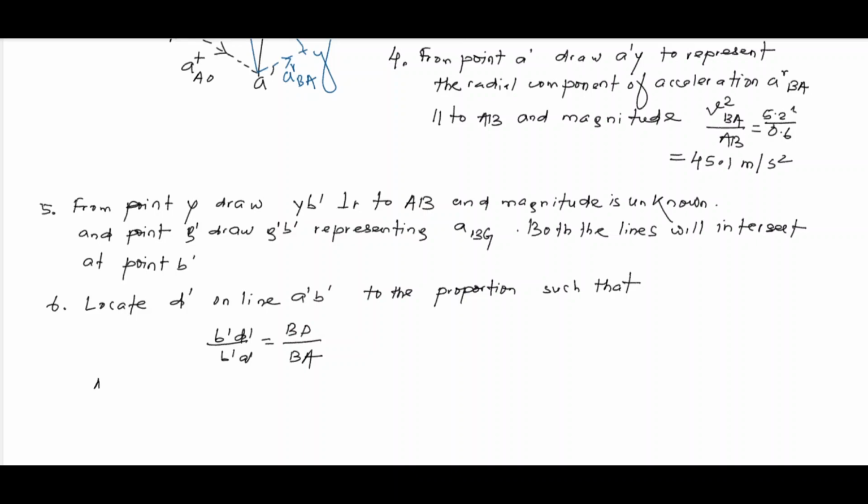Now you measure this O dash D dash, which will give you the acceleration of point D, and it will be around 372 meter per second square. It may vary as per your scale. Nothing to worry. Procedure should be correct.